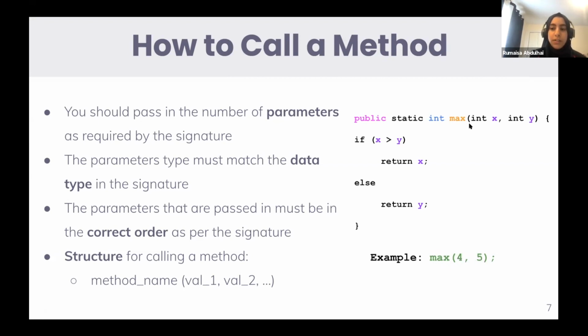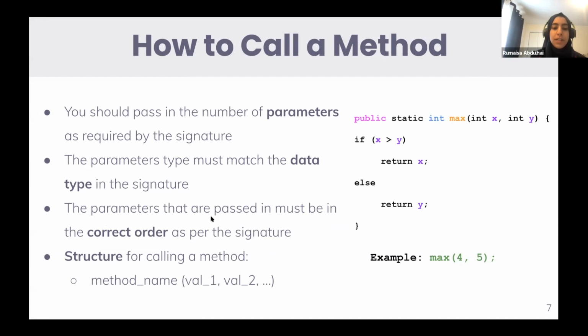Because there are 2 parameters, we will only put in 2 parameters. We cannot have max 4. We need 2 numbers. The parameter types must also match the data types in the signature. So we cannot pass in a double, so we cannot do max 4.7, 5.8. We can't do that, because here it says it has to be an integer: integer x, integer y.